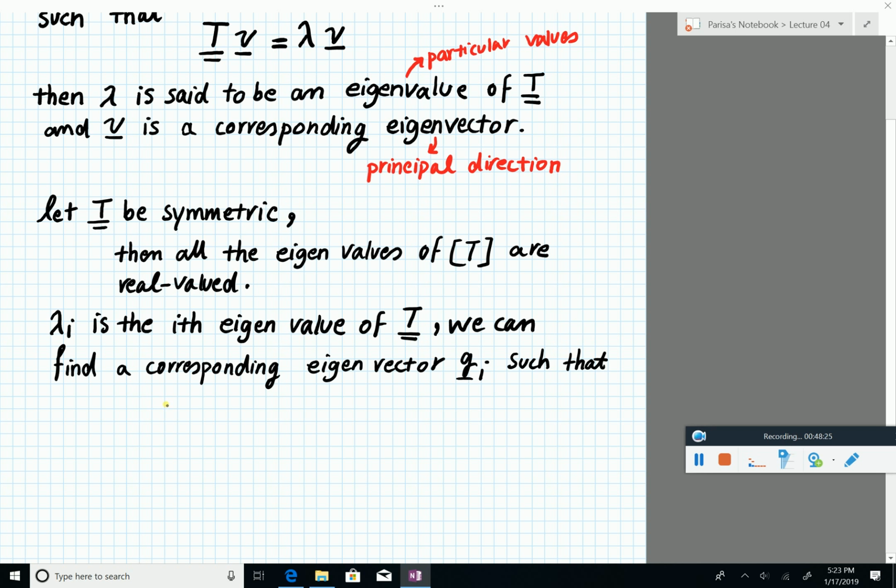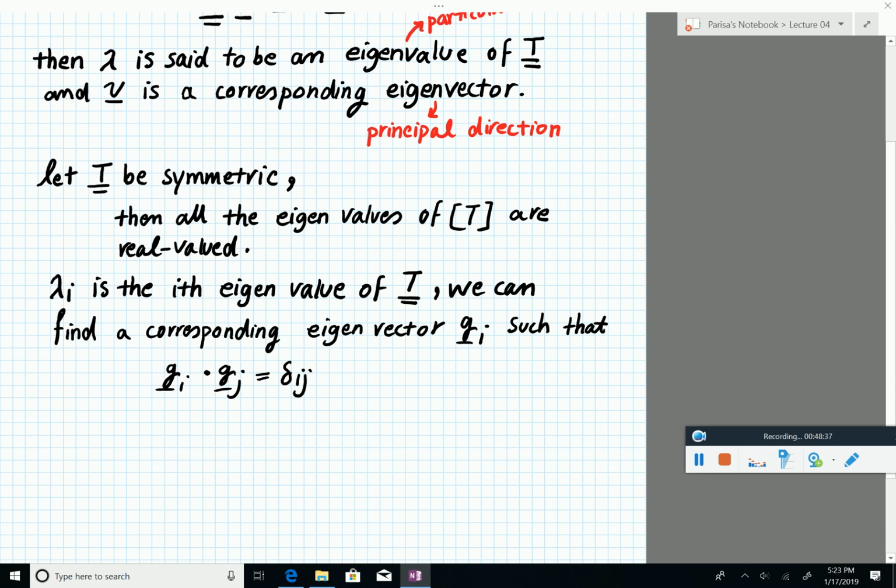And the way we write it is this. So they form an orthonormal basis.